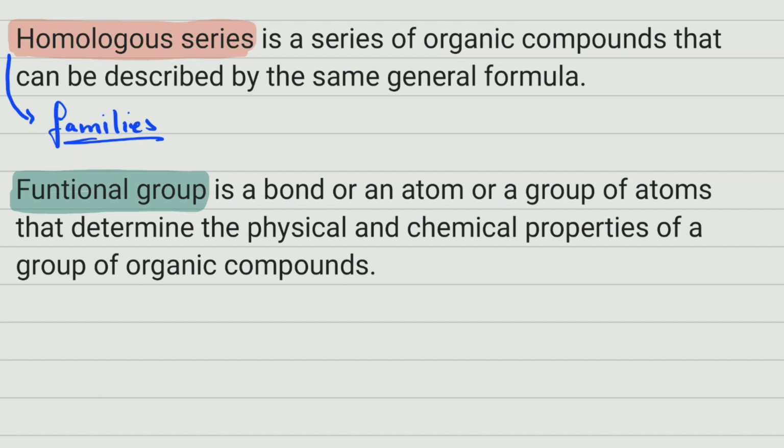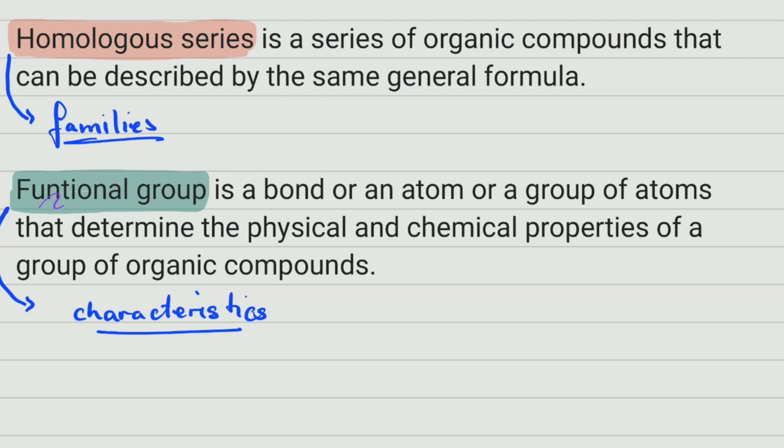In other words, we're talking about the homologous series. When I see functional group, what I picture is the characteristics. When I look at functional group, I'm thinking of a characteristic, that thing that can help us to identify the different families.